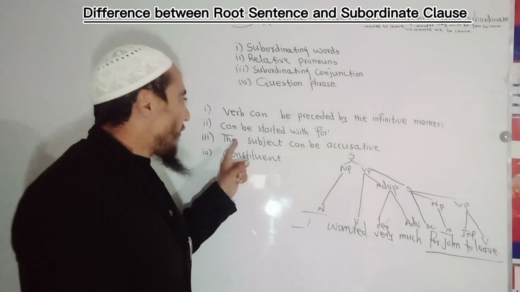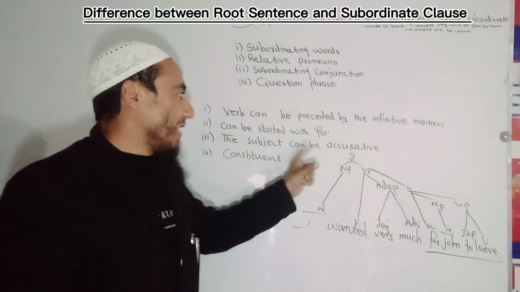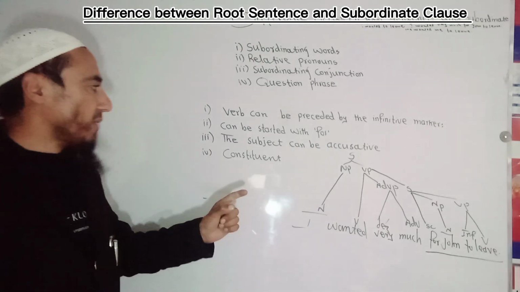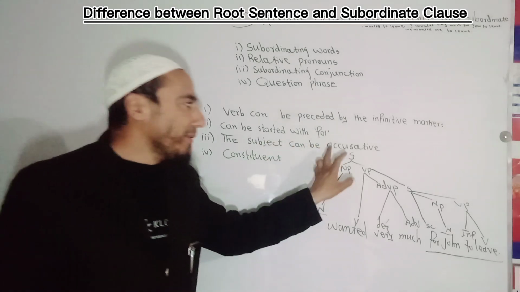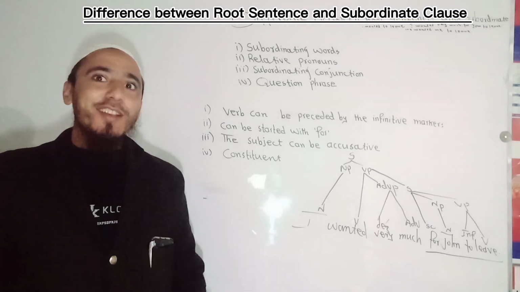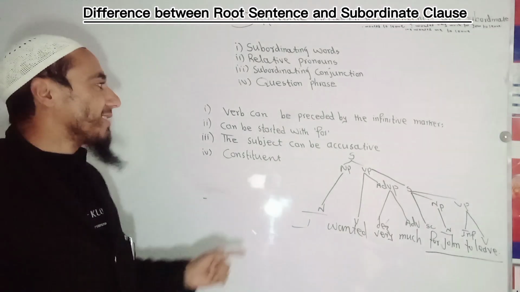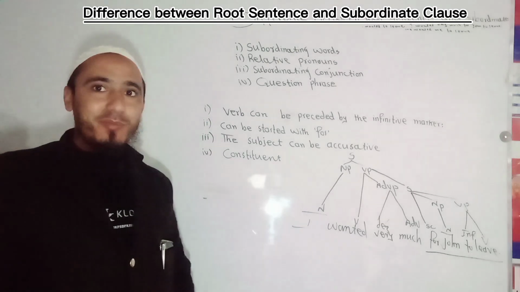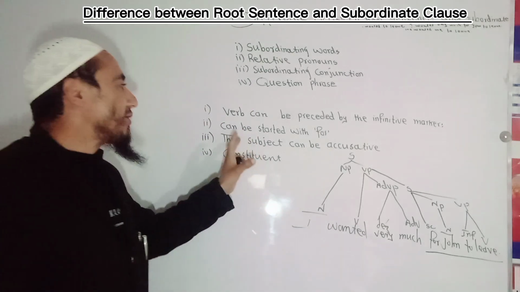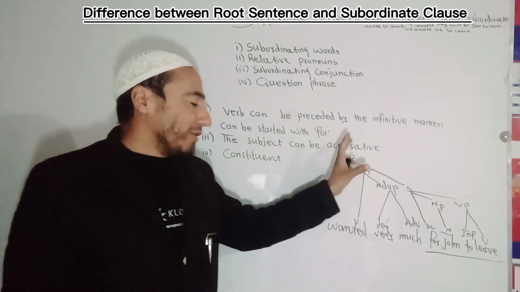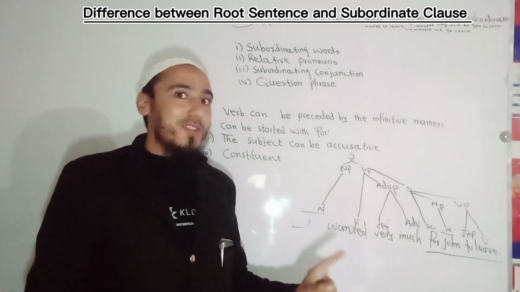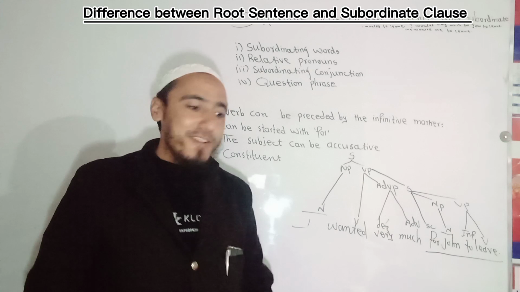Okay, the last point we have is that the subject can be accusative. What does it mean? It means that in a subordinate clause, the subject of the clause can be accusative. However, in the root sentence, the subject of the sentence cannot be accusative.